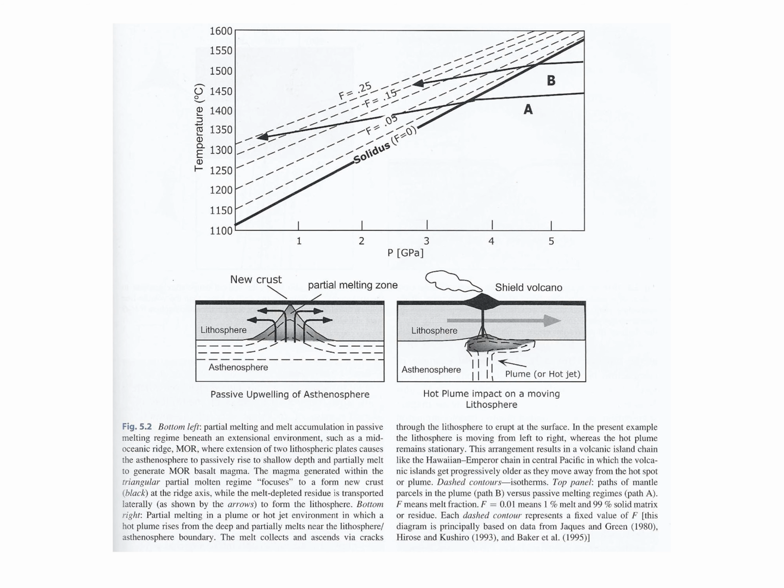F means melt fraction. So F of 0.01 means we have a melt fraction of 1% and 99% solid matrix or residue.